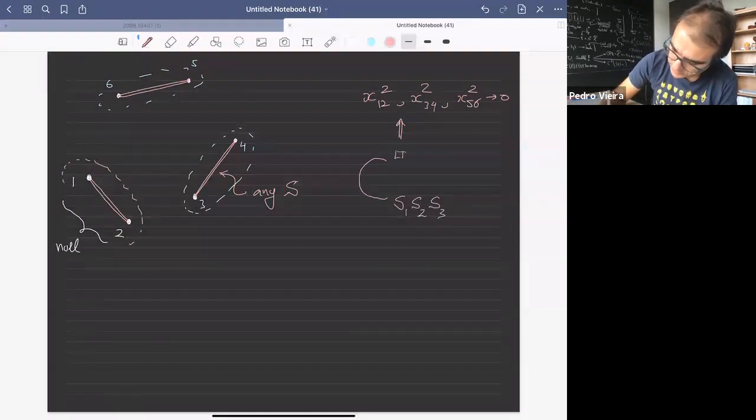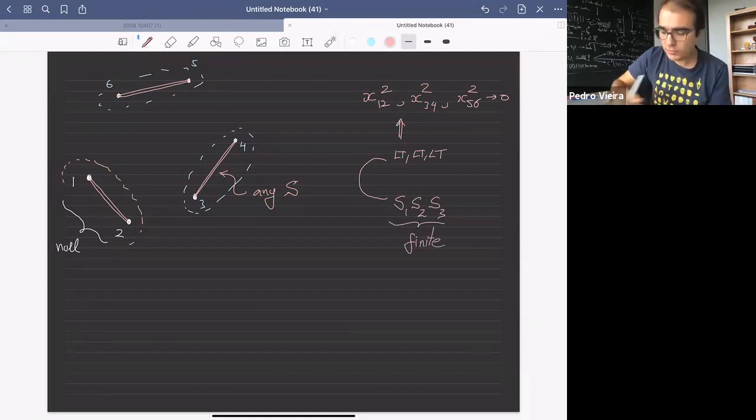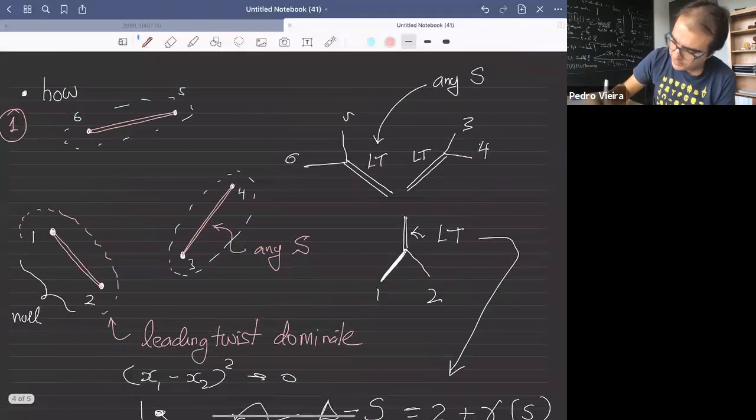So it's like leading twist, leading twist, leading twist. And these spins are finite. Okay. So this would be the interesting part. It's the 3-point function that is here.